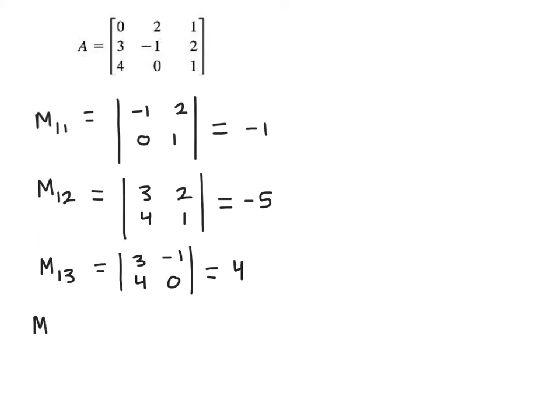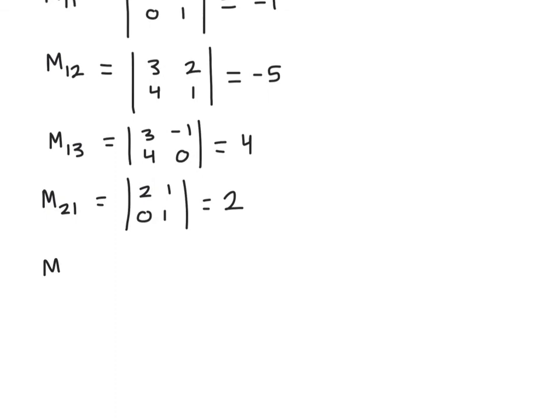Now let's go down to the second row, row 2, column 1. So we're finding the determinant of 2, 1, 0, 1. If I take out row 2 and column 1, that will give us a determinant of positive 2.